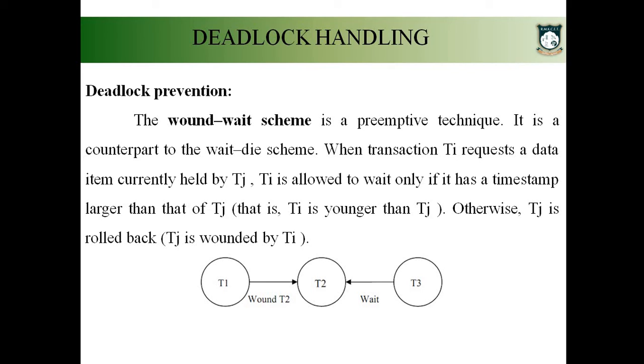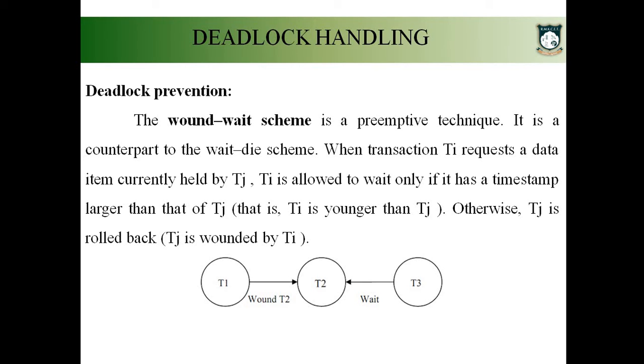In the other case, suppose the requesting transaction's timestamp value is greater than the already locked transaction, in that case we make the requesting transaction wait. Okay, so this is wound and wait. The only thing you have to be clear about is when the transaction will be waiting and when the transaction will be wounding the already existing transaction. So this is about deadlock prevention.